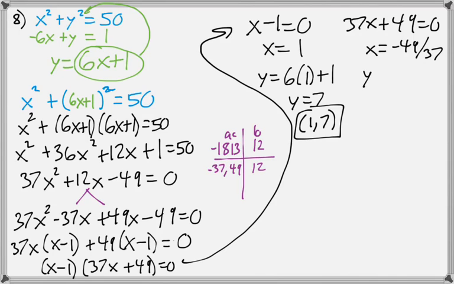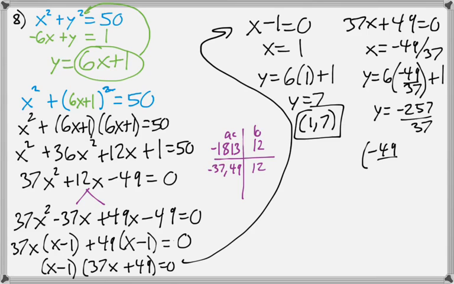And then y is equal to 6 times negative 49 over 37 plus 1. And we get y is equal to negative 257 over 37. So my point would be negative 49 over 37, comma, negative 257 over 37.